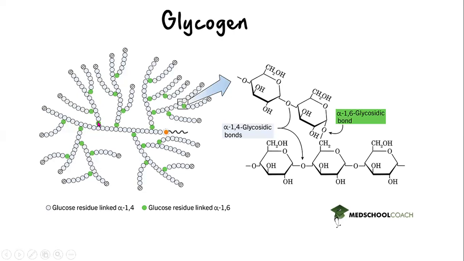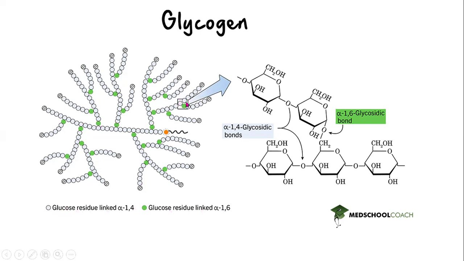And you can also have a branch point. The gray circles are glucose residues linked by alpha-1,4 linkage, while the green circles are glucose residues linked by alpha-1,6 bond.